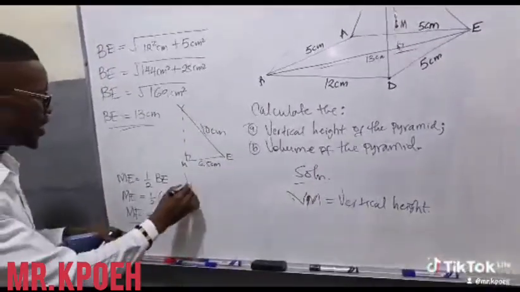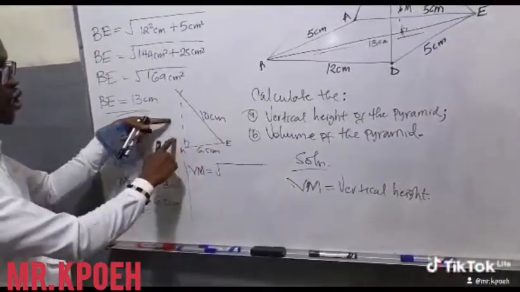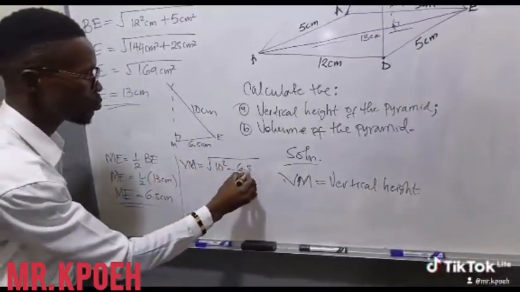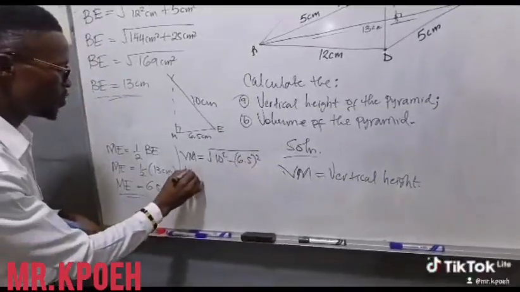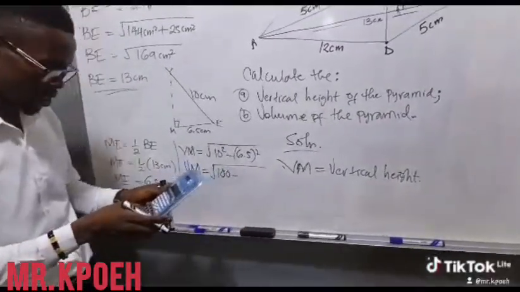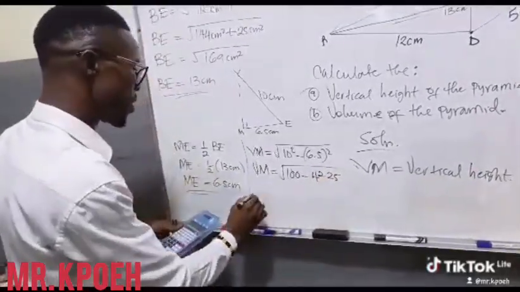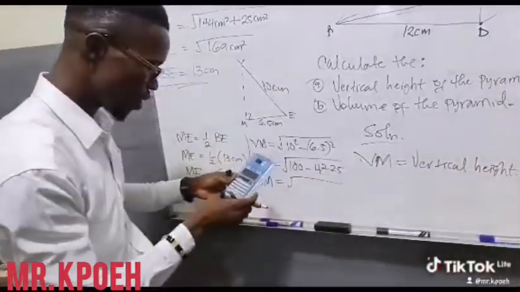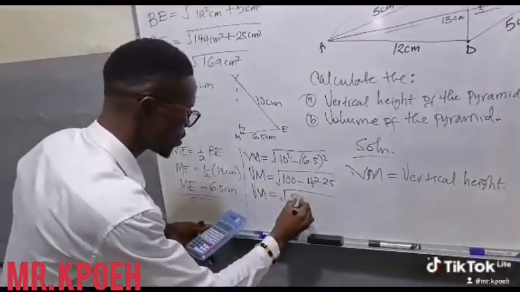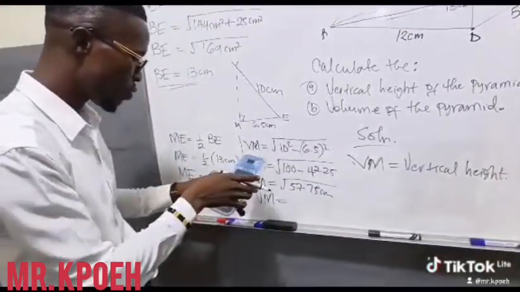VM will be equal to the square root of 10 squared minus 6.5 squared. 10 squared is 100 minus, when I take my calculator, 6.5 squared, or 6.5 times 6.5, it gives 42.25. So VM will be equal to 100 minus 42.25, which gives 57.75. So VM will be equal to the square root of what we have there.